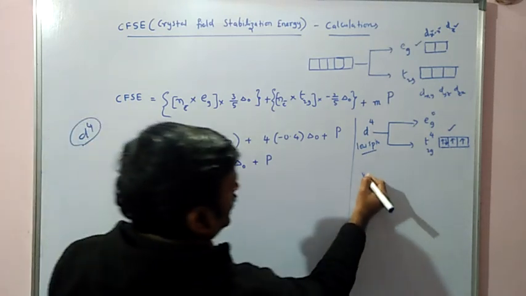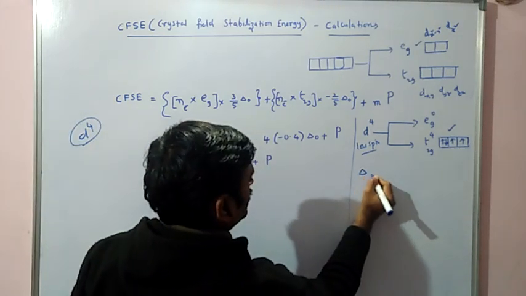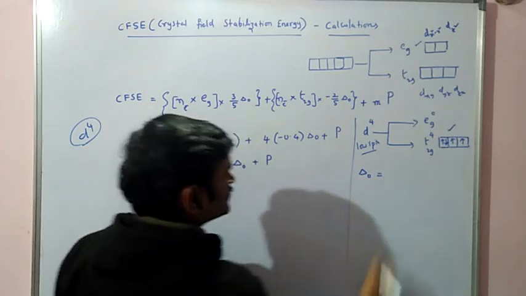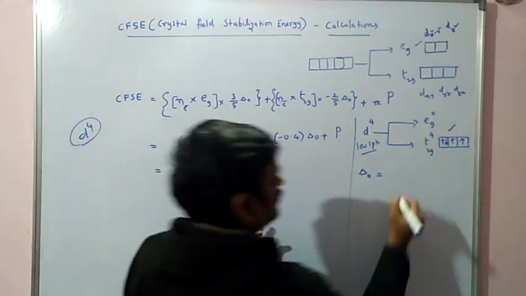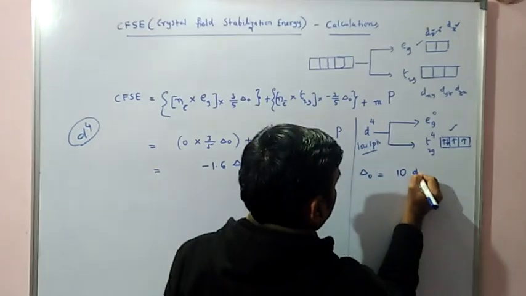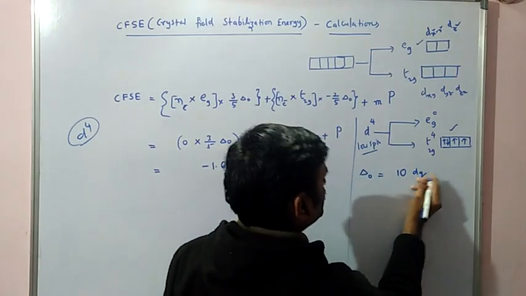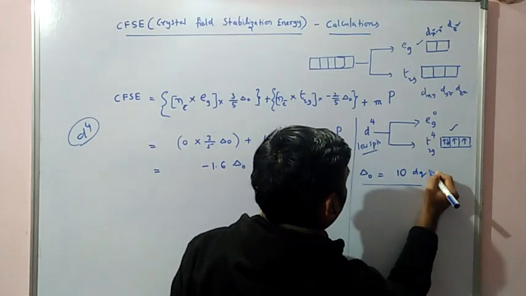In some cases, delta naught can be easily written as 10 Dq, or 10 capital Dq.